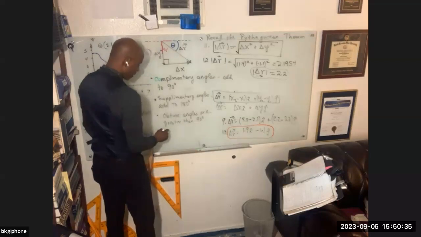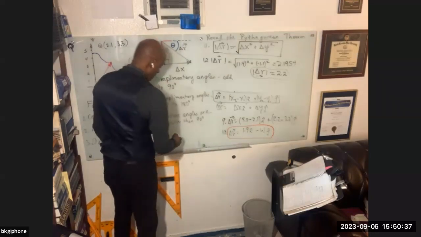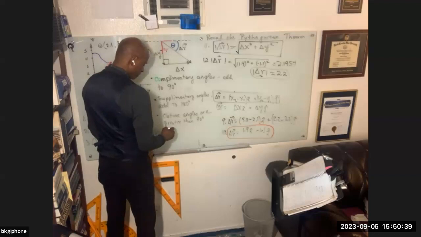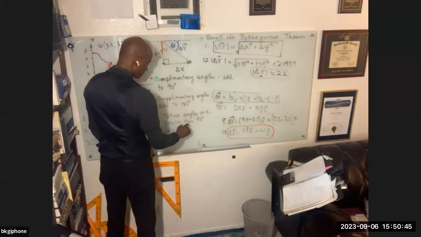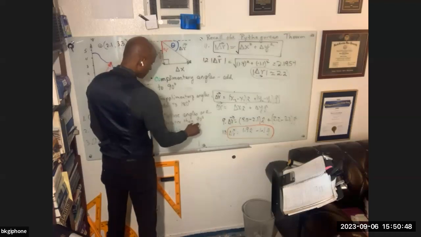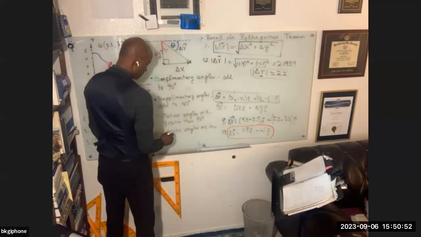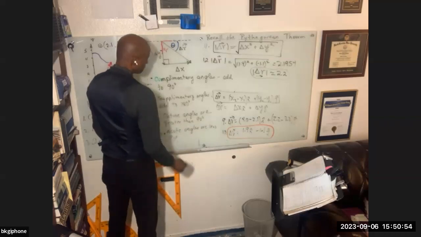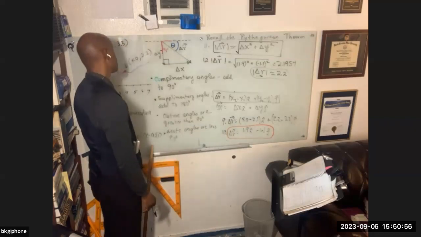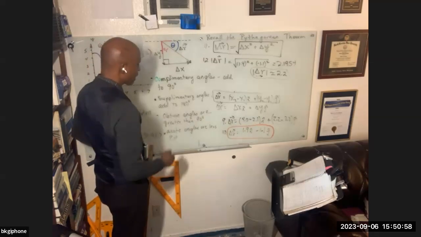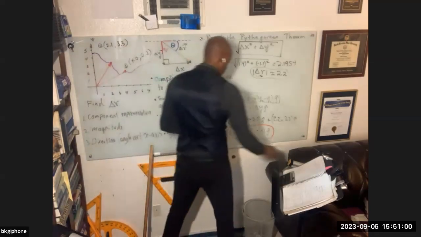Acute angles are basically between 0 and 90, so less than 90 degrees. That's a few definitions.